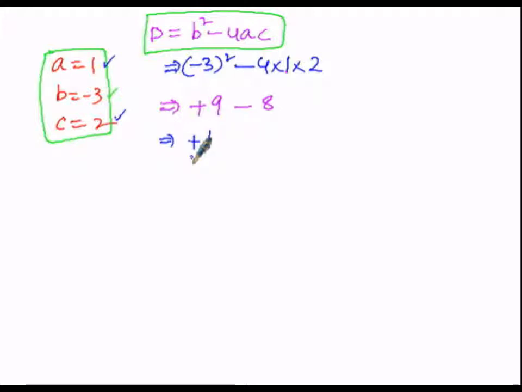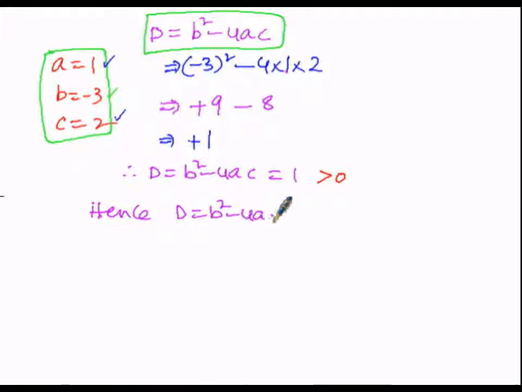So in this manner, the discriminant D equals b square minus 4ac equals 1, but 1 is a perfect square, so it is greater than 0 and a perfect square. Hence D, that is b square minus 4ac, is greater than 0 and a perfect square.